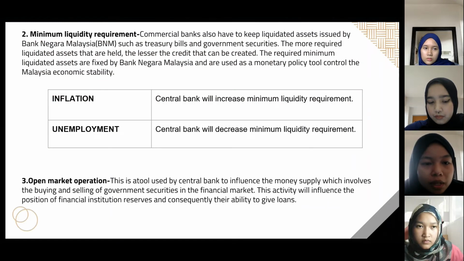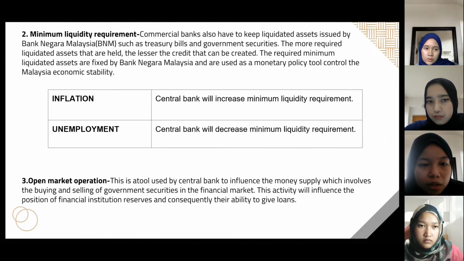Second is the minimum liquidity requirement. Commercial banks also have to keep liquid assets issued by Bank Negara Malaysia (BNM), such as treasury bills and government securities. The more required liquid assets that are held, the less credit that can be created.